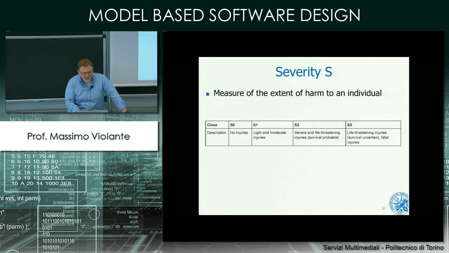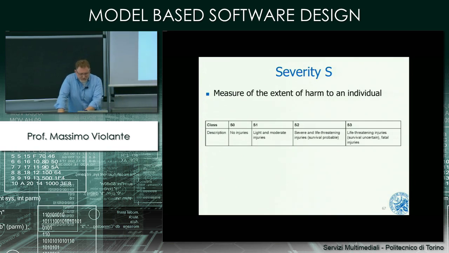And then we have S3, life-threatening injuries, survival uncertain, or fatal injuries. Where does this come from? Simply from records of accidents. Every year we have millions of accidents worldwide. They have been closely analyzed, so the different possible injuries are very well known, and it is possible to derive these categories.